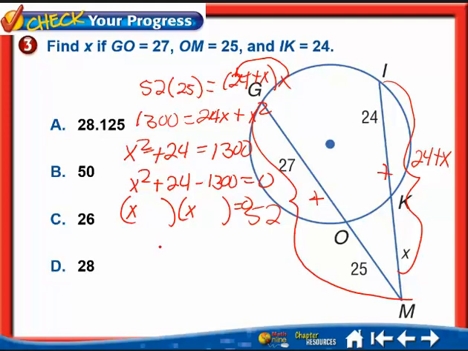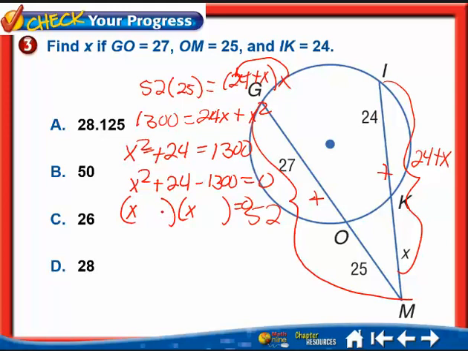Okay, so we got to figure out something that will multiply together to be 1300, but adds together to be 24. So that's kind of hard. Let's see. To be honest, I don't know what it is.